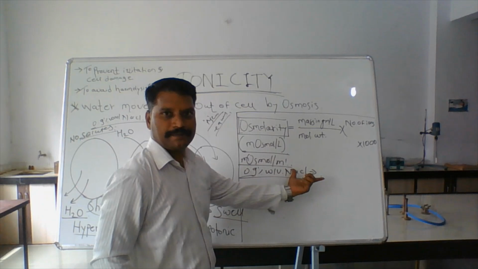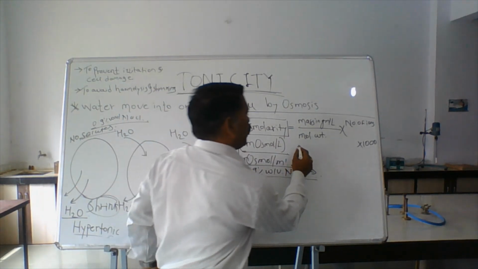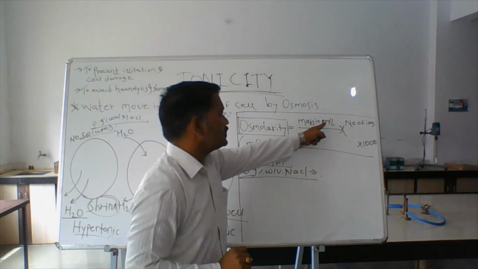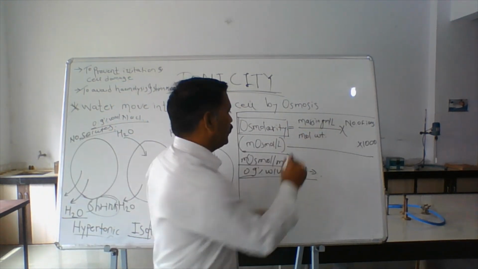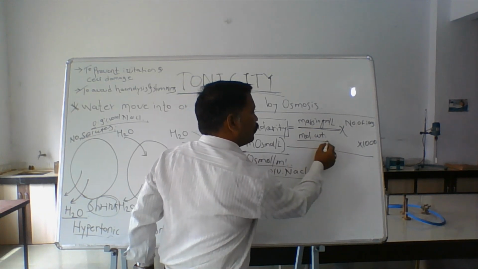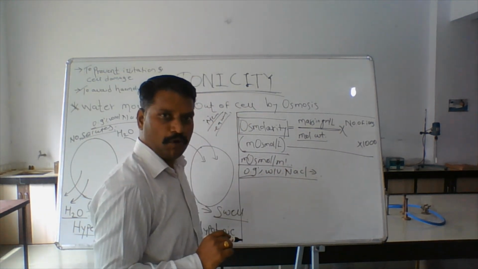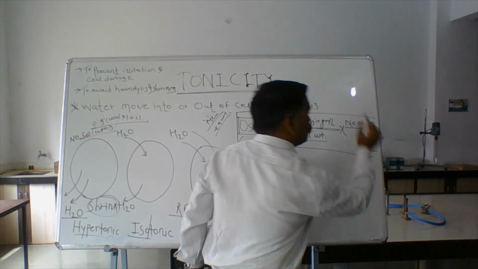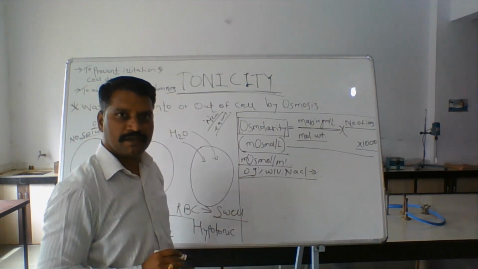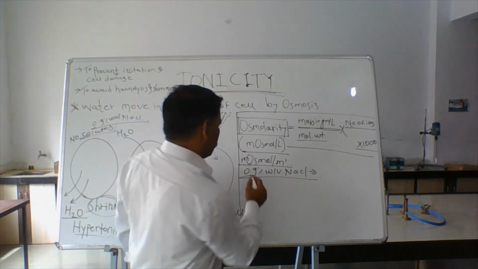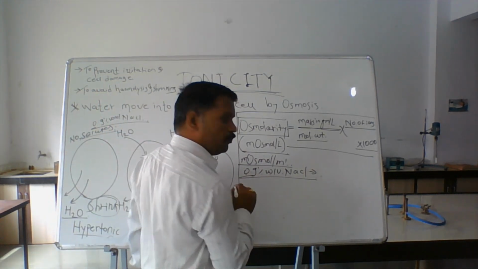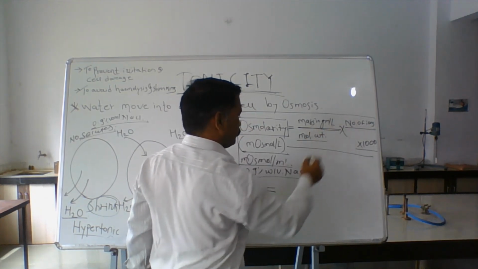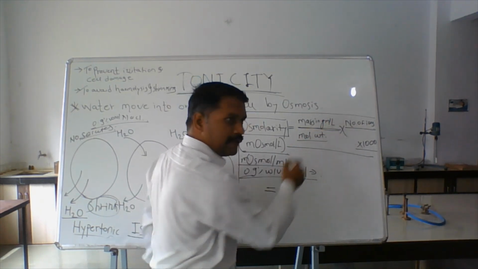By using this formula, the osmolarity is equal to mass in gram per liter divided by molecular weight of the substance, multiplied by the number of ions, multiplied by 1000. So 0.9% weight by volume sodium chloride means mass of 9 gram per liter.